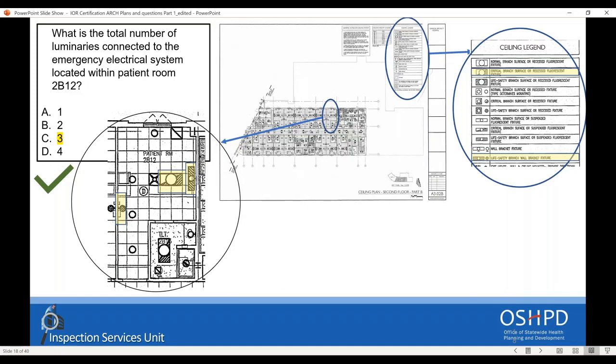Paul? Yes, thank you. The only thing I'm having a little issue with is you also have a life safety branch surface or recessed fluorescent fixture included, and the question says, what's the total number of luminaires connected to the emergency electrical system? That could be a little misleading because the life safety branch surface mount would also be on your emergency electrical because it's life safety.